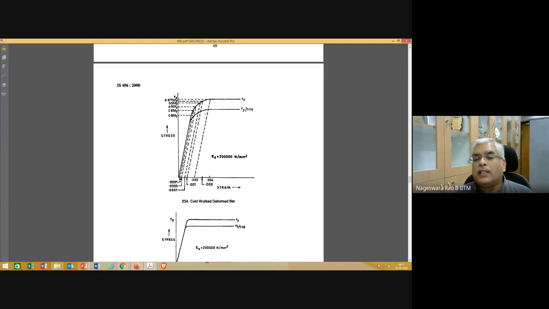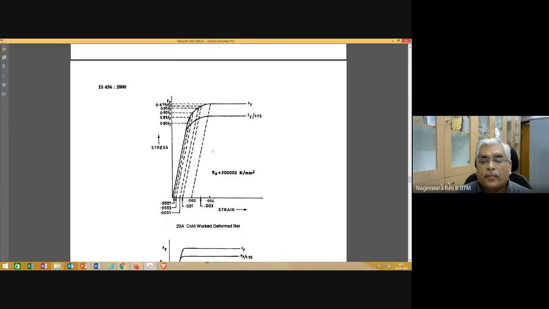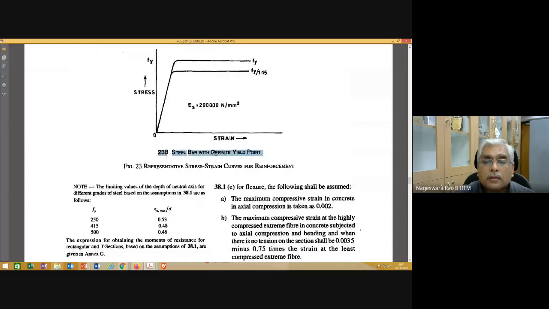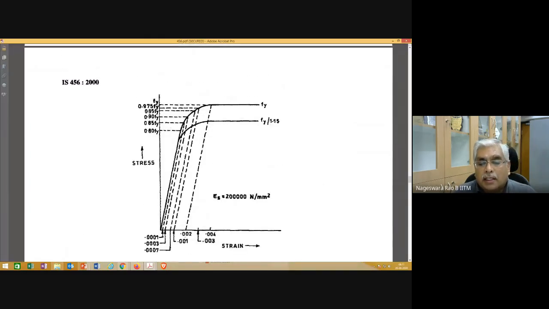We can see here. Let me magnify, then it may be better. So you can see this line is parallel to the initial stress strain curve, and the only thing is it starts at a strain value of 0.2%.